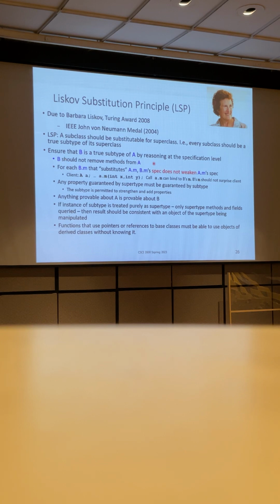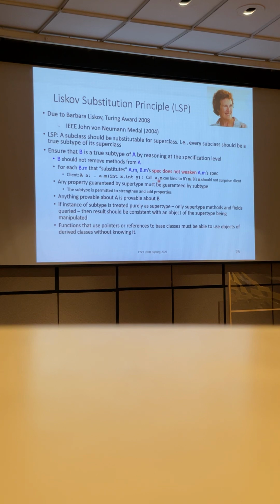So B should not remove methods from A. Those are all the requirements that two types, B and A, have to satisfy if we want to say B is a true subtype of A. So B should not remove any methods from A. For each method M in B that substitutes a corresponding method M in A, B's M specification should be at least as strong or stronger than M's specification in A, so that the client is not surprised.